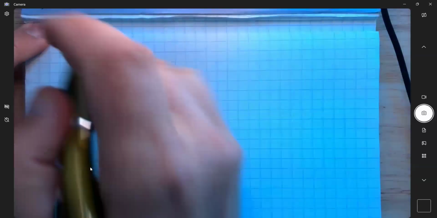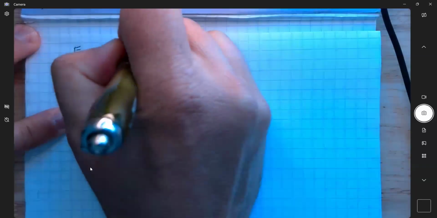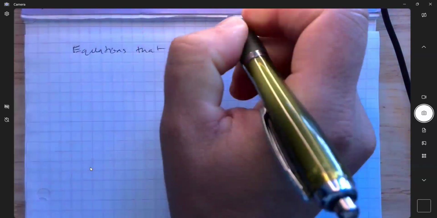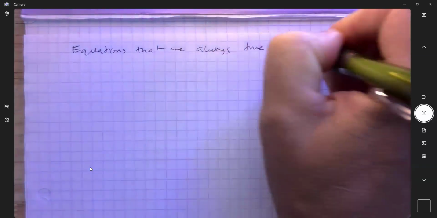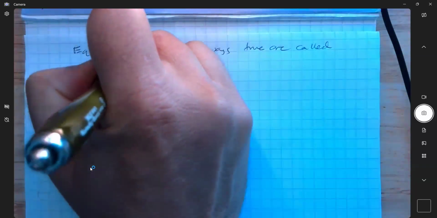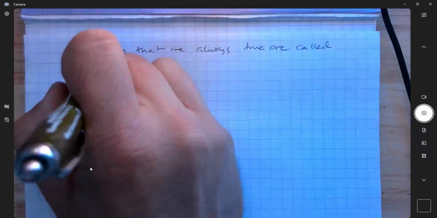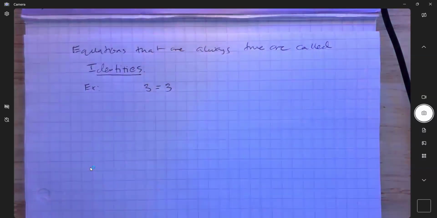So equations that are always true are called identities. An example of that would be 3 equals 3. 3 is always equal to 3.